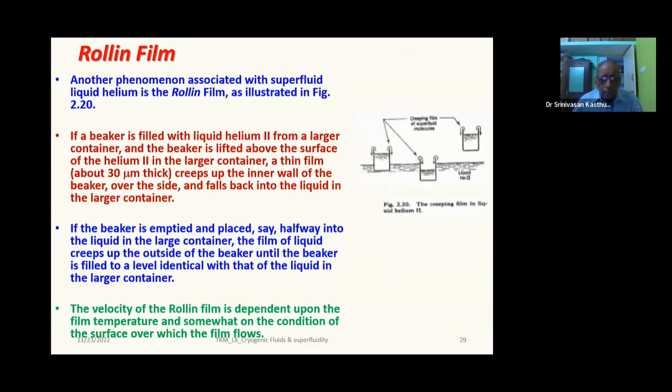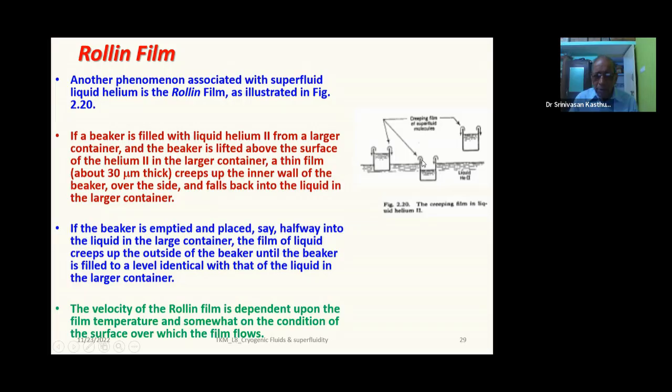Now, this is again the film phenomenon we saw in the video. Another important phenomenon associated with superfluid is the Rollin film, which is illustrated here. Suppose I have liquid helium in a container, and the container is a little away from the main bath. Then the helium can rise over the walls as a film and drop into the liquid.